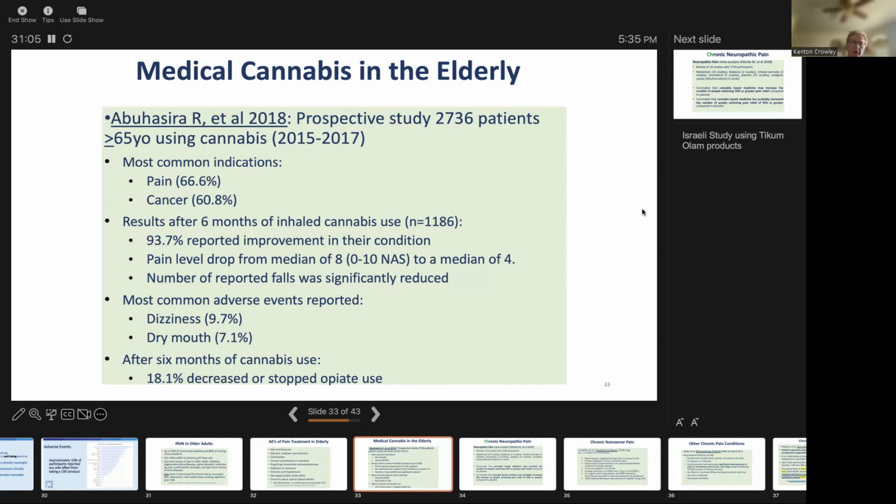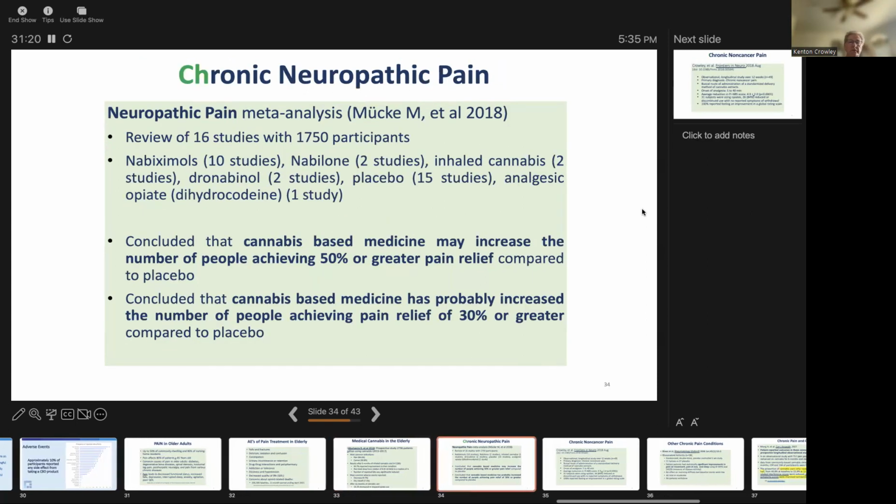The number of reported falls was significantly reduced. The most common adverse effects were dizziness and dry mouth. And after 6 months of cannabis use, 18.1% decreased or stopped opiate use.